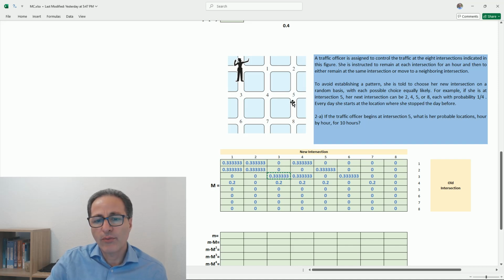So these are going to be 1/4. So from 5 to 2, 1/4, or 0.25. 5 to 4, the same. 5 to 5, and 5 to 8.